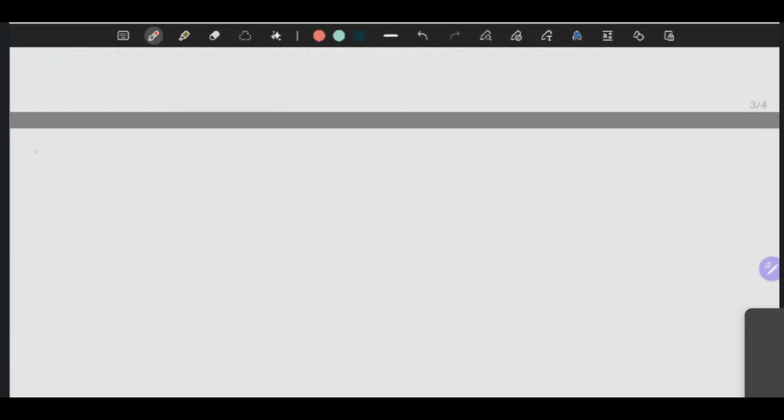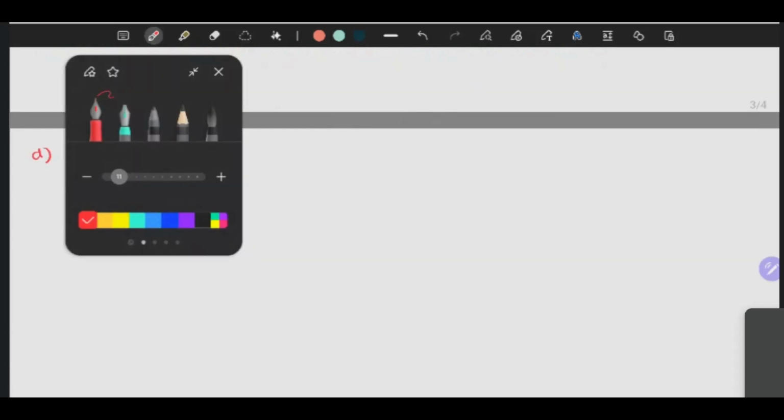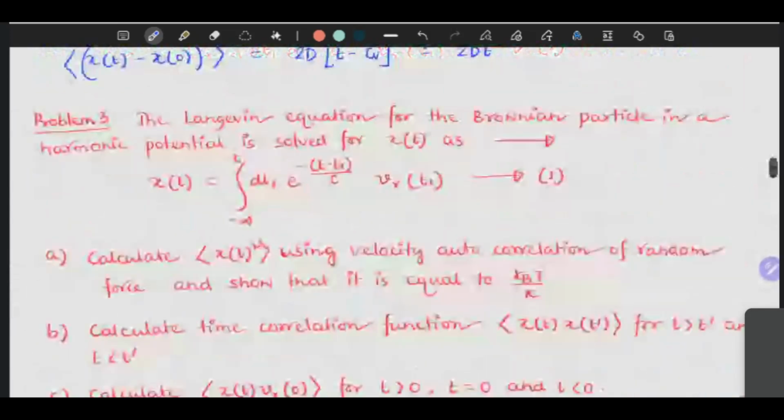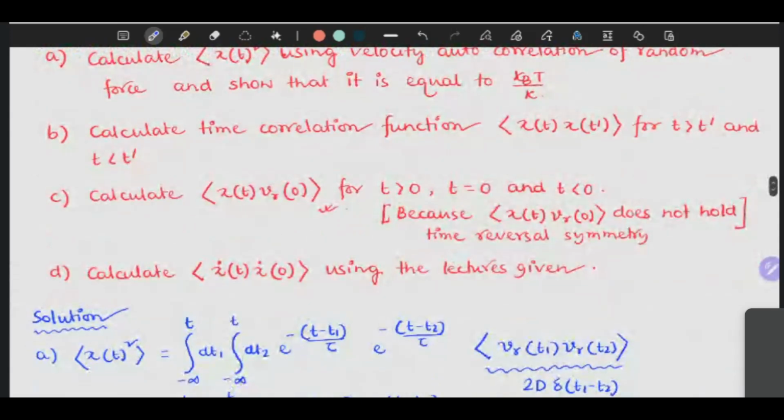Okay, so now question number 4. We are required to calculate these relations using our different relations given in the lectures.